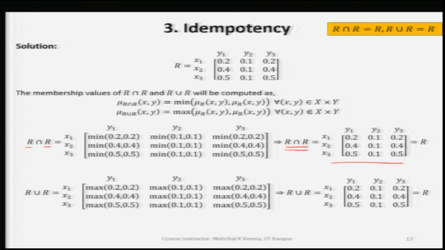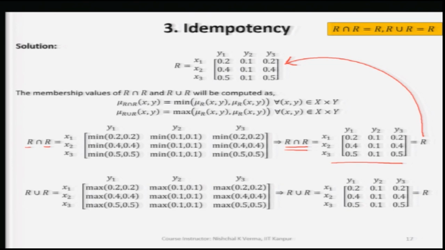We see that the resultant of R intersection R is the same matrix with which we started. Both the matrices are the same. Since these fuzzy relation matrices are the same, we can say that R intersection R is equal to R. So, this way this is satisfied.